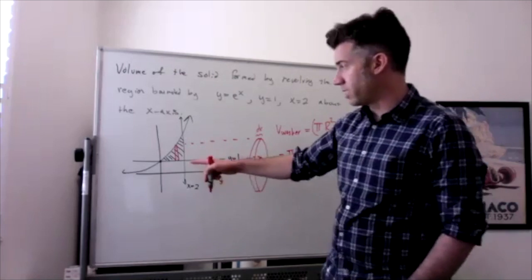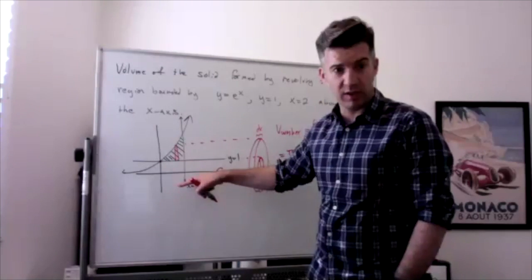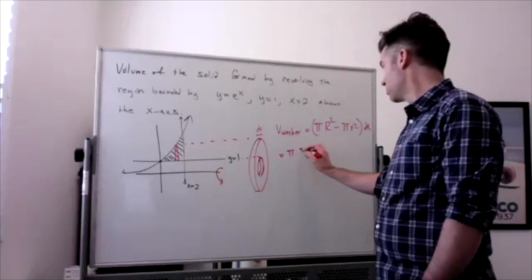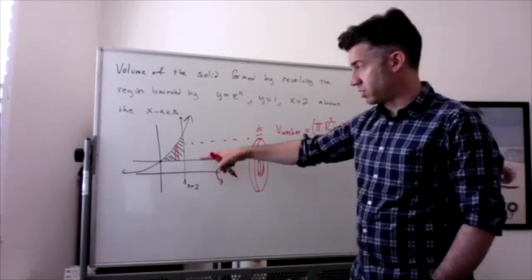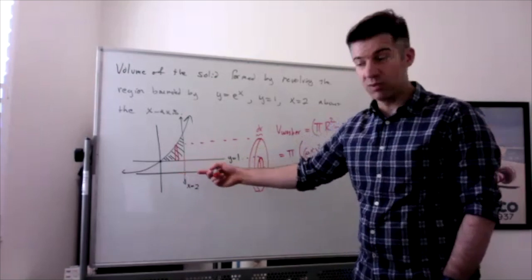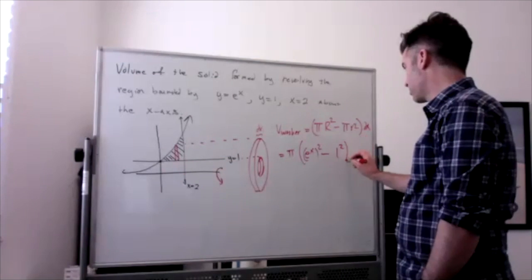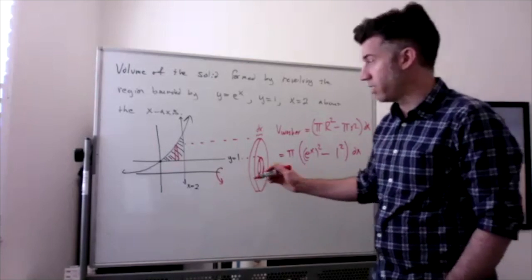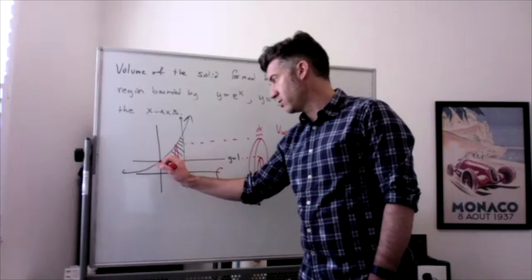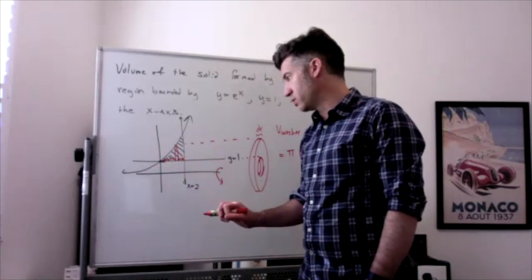The large radius is the function that's further away from the axis of rotation, which is e to the x. The smaller function, the one that's closer to the axis of rotation, is y equals 1. And then we're going to integrate from as far left as 0 to as far right as 2.